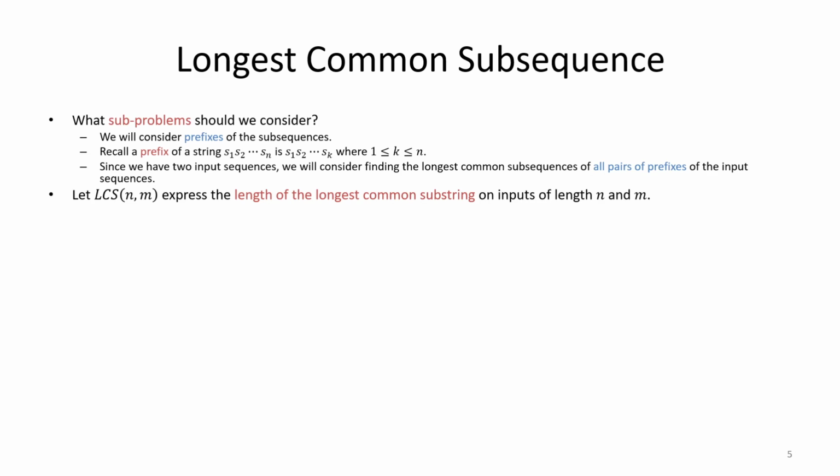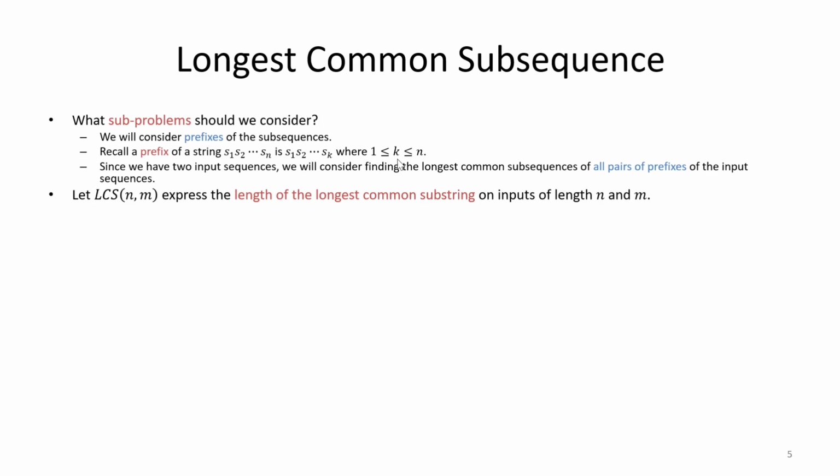So remember, a prefix is going to be a substring, so consecutive, starting at the beginning of the sequence. So I've got just a little example here. If we have a string or a sequence S1 up to Sn, then S1 up to Sk is going to be a prefix for any value of k from 1 up to n.